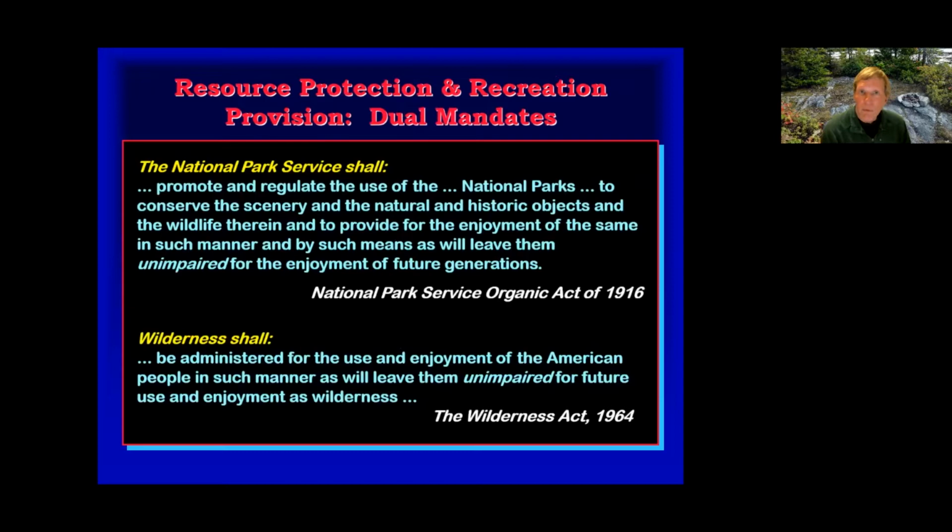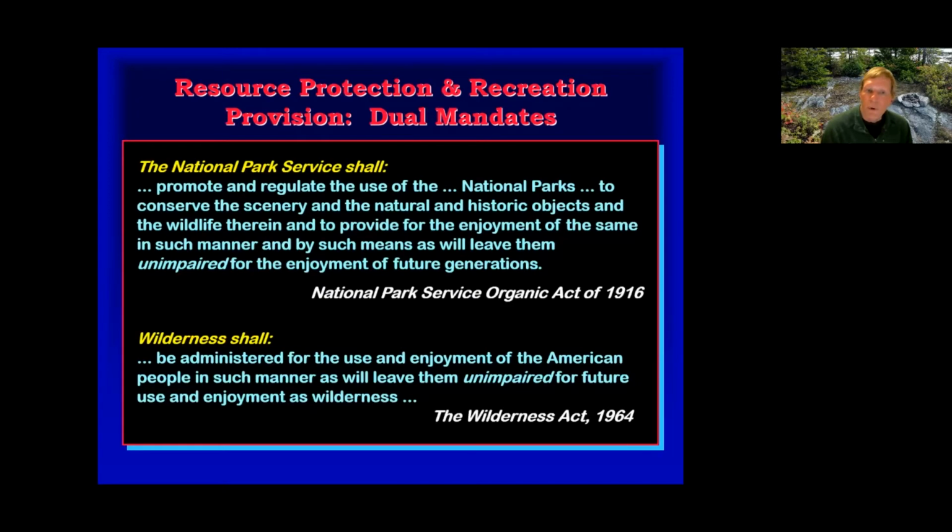As you're probably familiar, most protected natural areas, whether it be a national park, a wildlife refuge, a national forest, or wilderness areas, which the 4 federal management agencies manage, all generally have the same dual mandate, which is to protect and preserve those natural areas, but also to accommodate appropriate types and amounts of visitation.